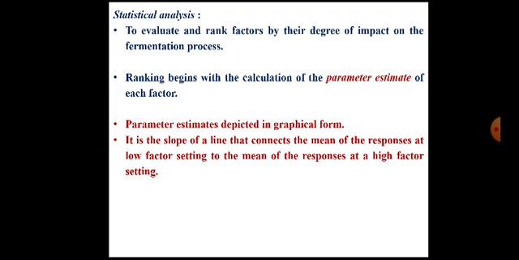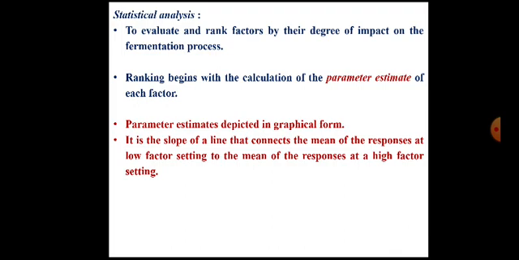The definition of parameter estimate is that it is a line, and the slope of the line connects the mean of response values at low factor settings to the mean of response values at high factor settings. So you need to read these sentences very carefully.